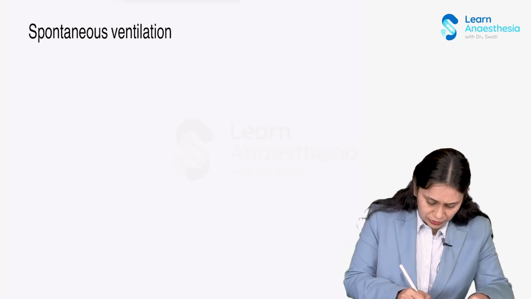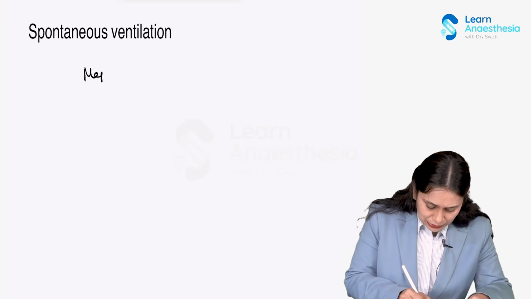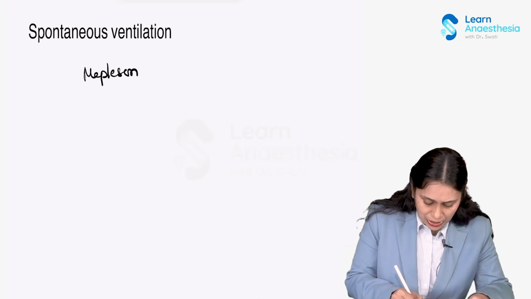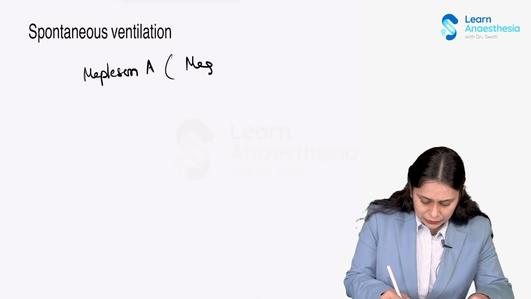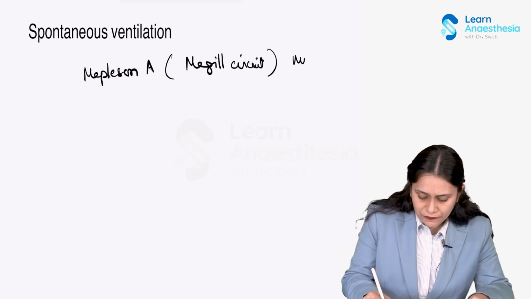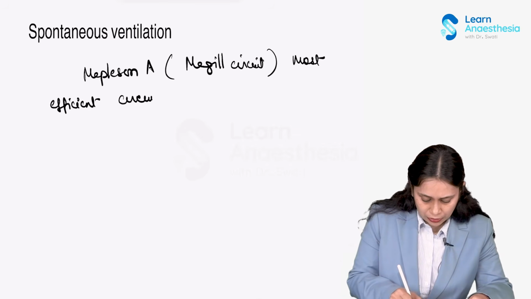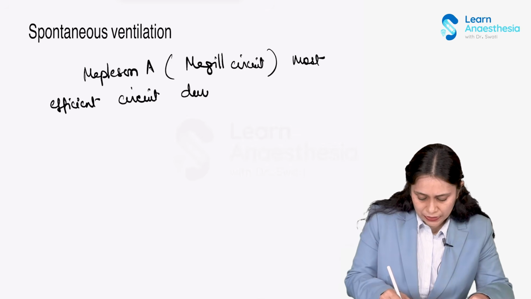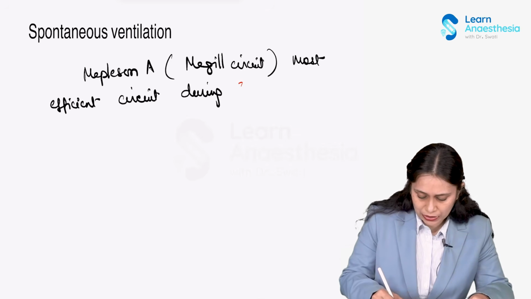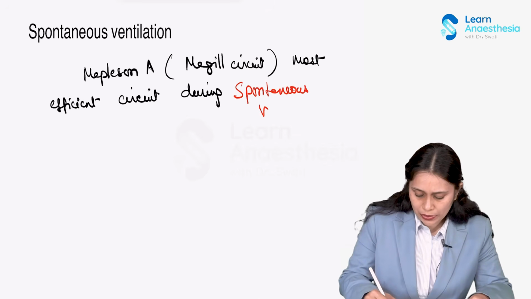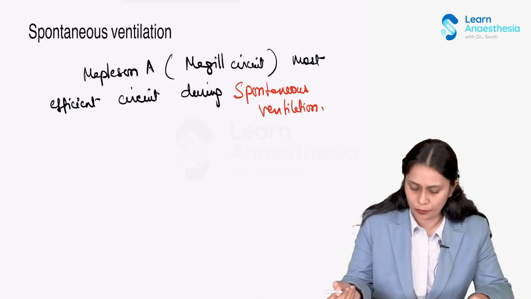So what I'm trying to tell you is that Mapleson A, or the Magill circuit, is the most efficient circuit during spontaneous ventilation, right? How it is most efficient during spontaneous ventilation, I will talk about in a moment.